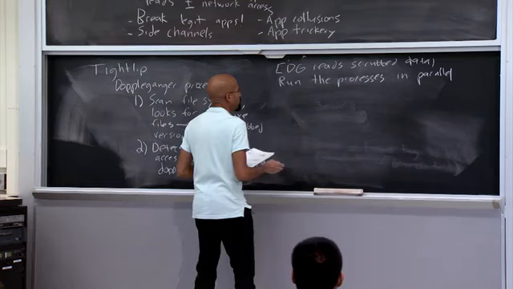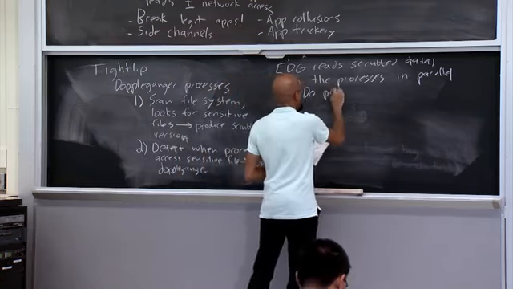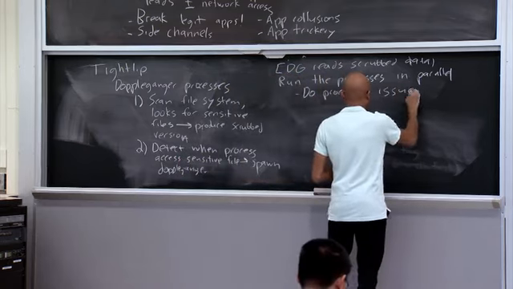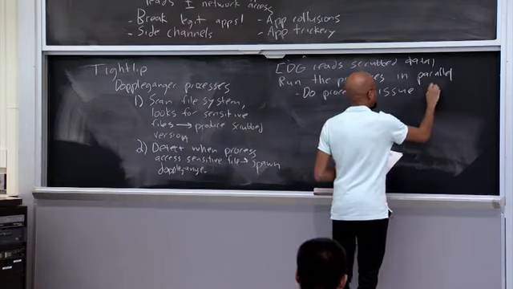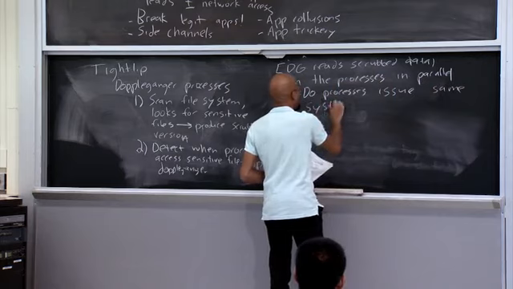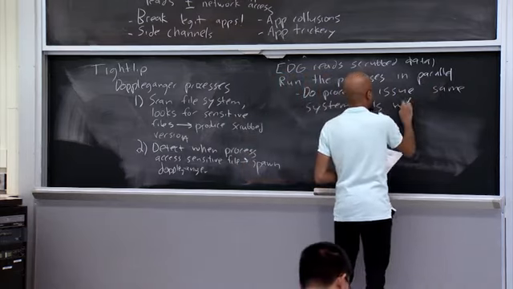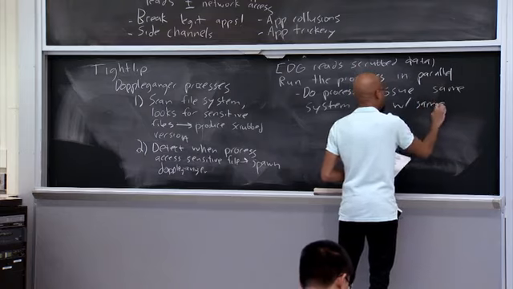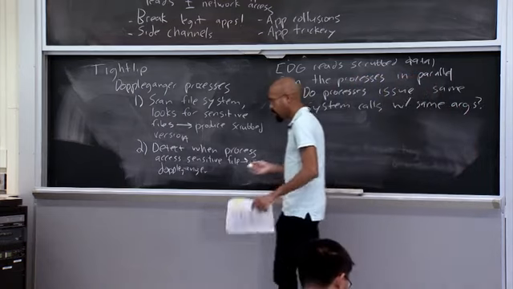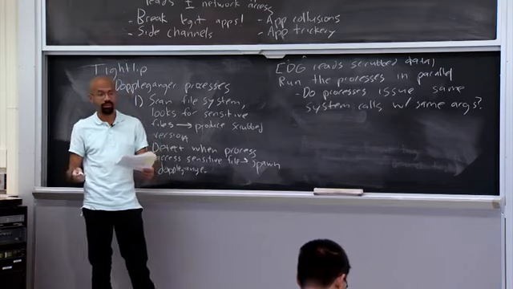In particular, we're going to see whether the processes issue the same system calls with the same arguments. And if that's the case, then presumably those system calls do not depend on the sensitive data.